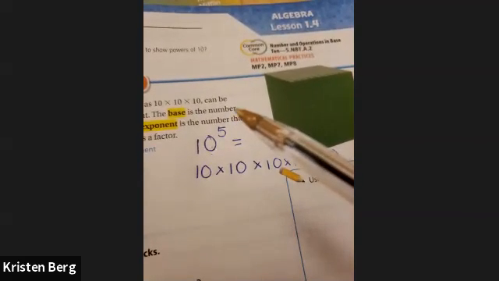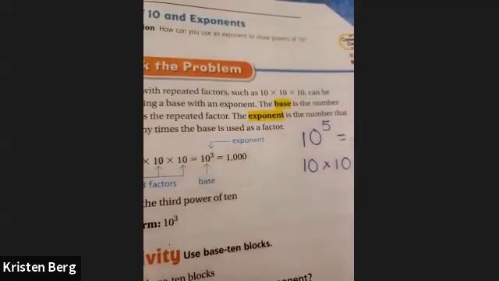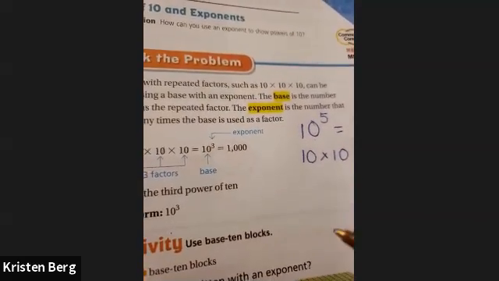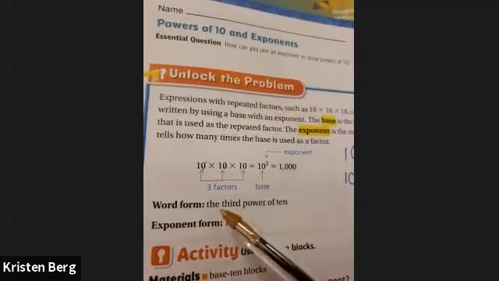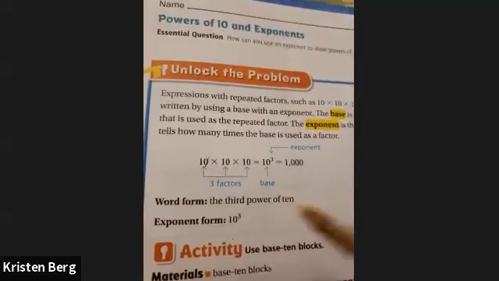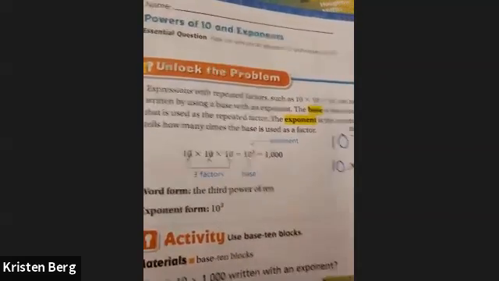And how we say this is we say 10 to the 5th power. Some people say the 5th power of 10. I'm always going to say the base first. 10 to the 5th power is how I would say this. This one would be 10 to the 3rd power. So that is up to you how you say it. What they're giving you is the 3rd power of 10. And then exponent form means they want an exponent there.